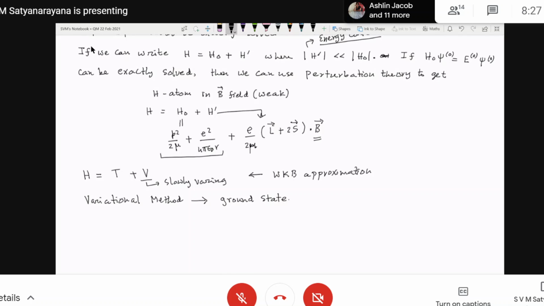The variational method will give us the ground state, but that's also very important because when you have complicated systems like molecules or crystals, where many atoms and many electrons are there, their ground state is what is important, because that is what corresponds to equilibrium of the situation, and deviations from the ground state will tell us how this molecule or system will react in terms of making chemical bonds and things like that. So most of quantum chemistry uses this variational method.